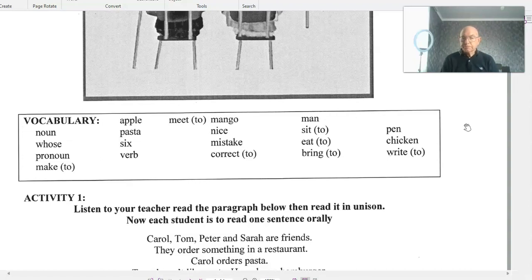To make can be used in several different situations. You can make a cake. You can eat food. You can make a mistake.